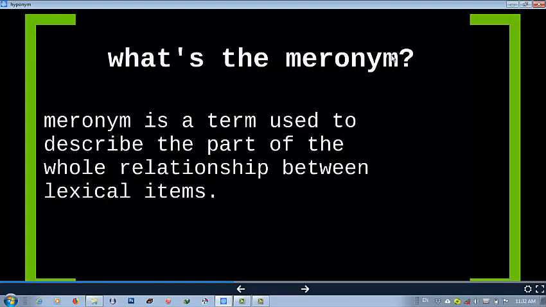Meronym is one piece or one part of the lexical item in linguistics, if we study the English language. That is the definition, and you will understand it very well when I show you the example on the next slide.